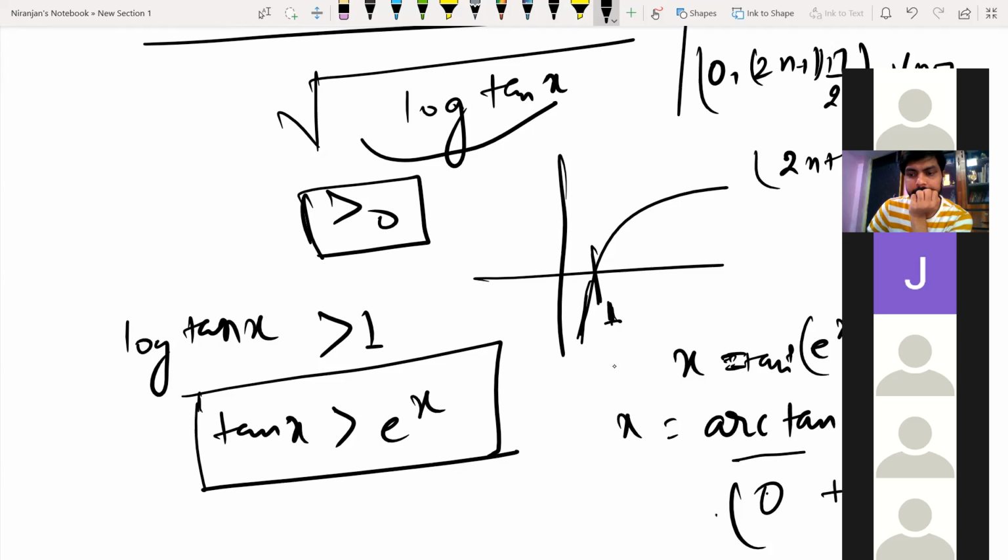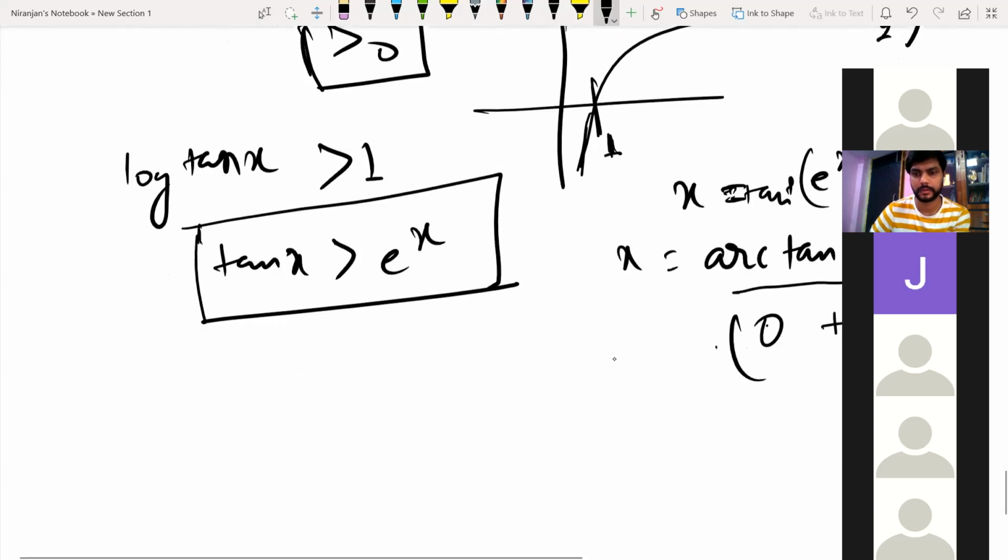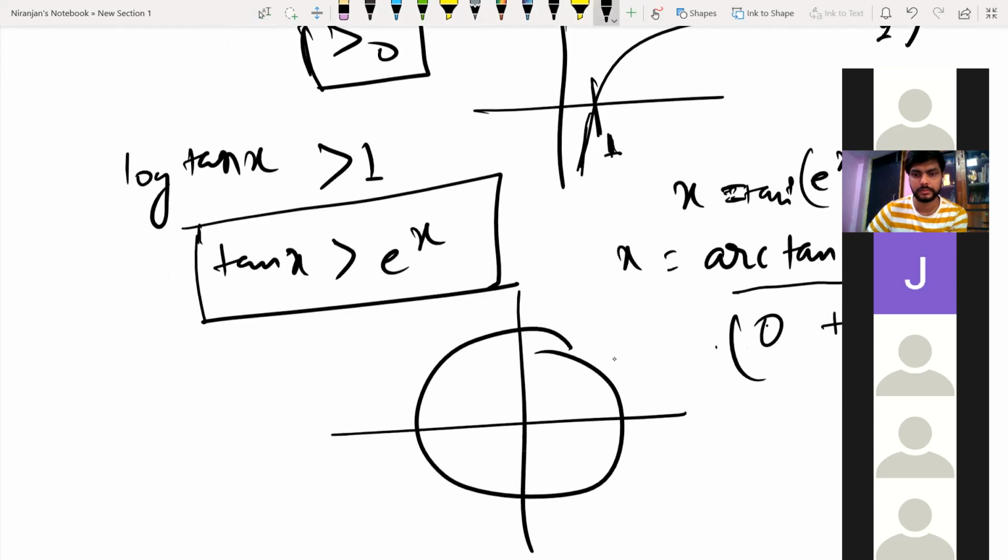Now for 0 to infinity, for this value, where exactly am I?